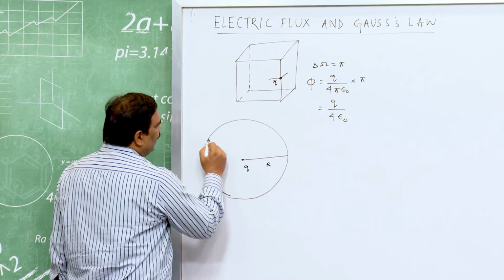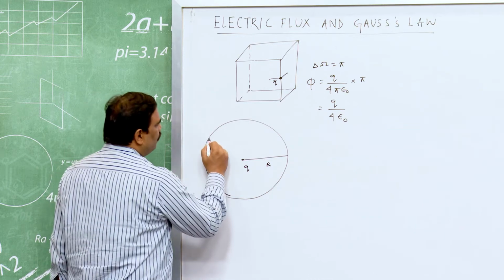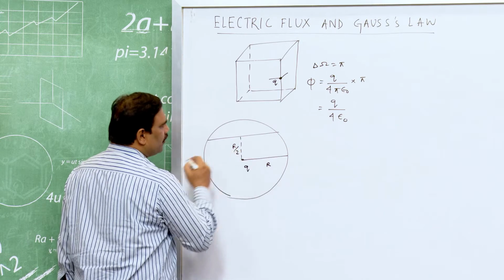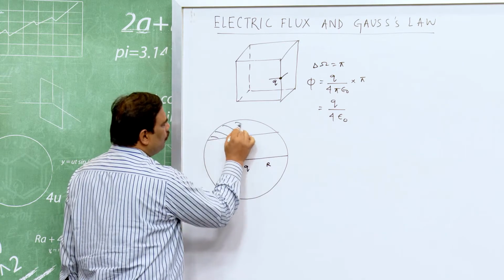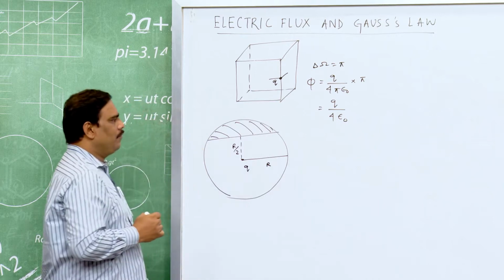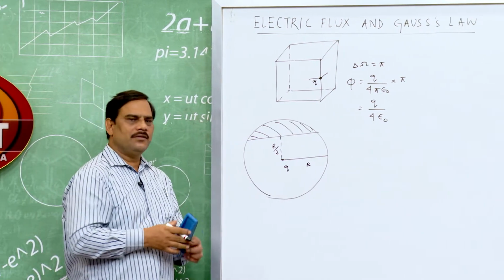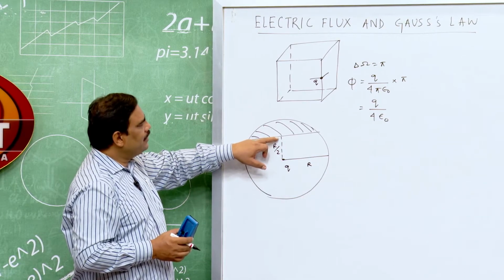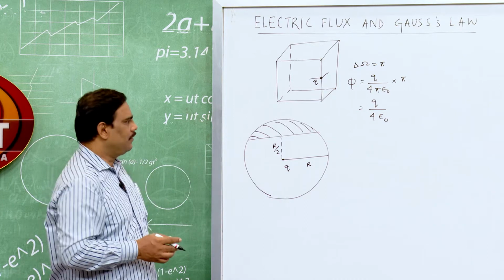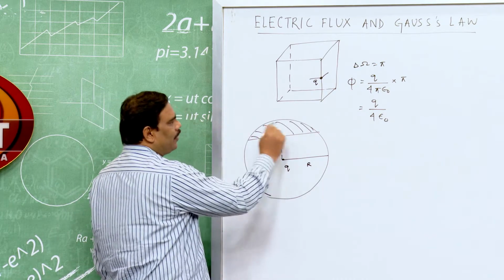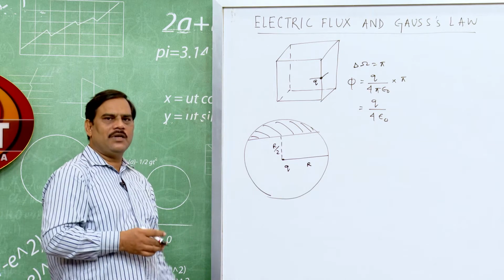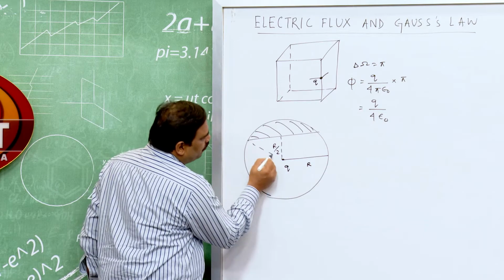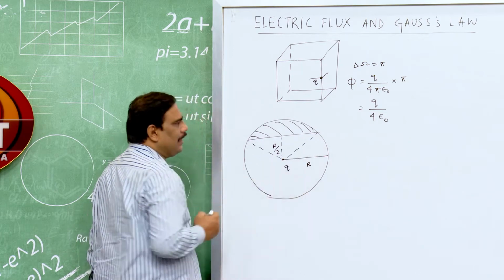Now, let us calculate the flux passing through the shaded portion of the sphere, which is made at a distance of r by 2 from the center. To find out the flux through the shaded portion, first we have to calculate the solid angle that this shaded portion is making at the center of the sphere.